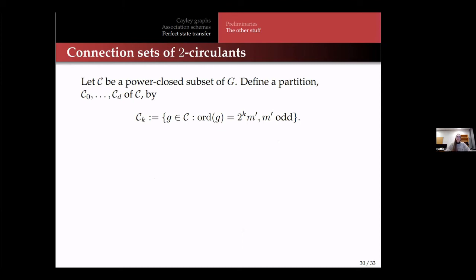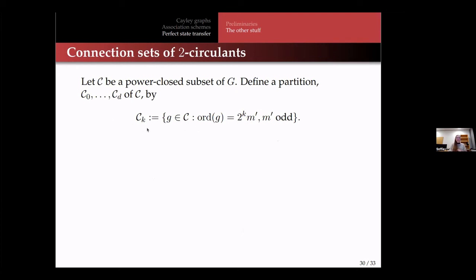Now we know that if we want our 2-circulant to have perfect state transfer, then it's going to have integer eigenvalues. And when does a translation graph have integer eigenvalues? It's exactly when it lies in the integral translation scheme.